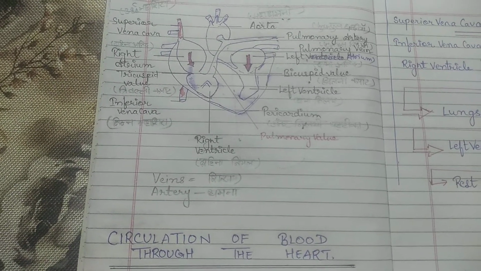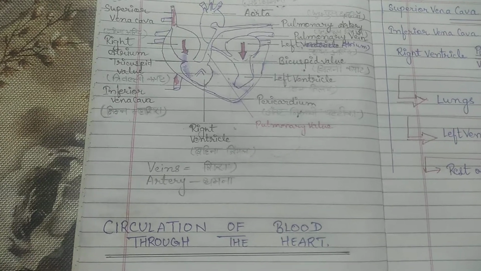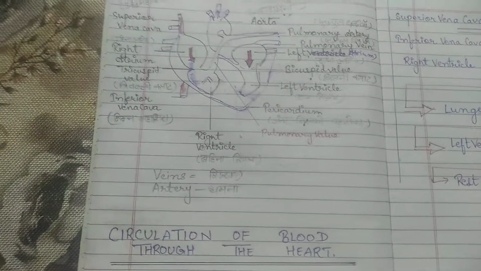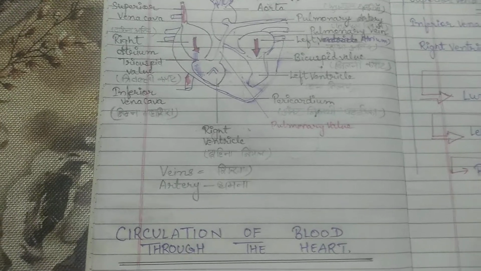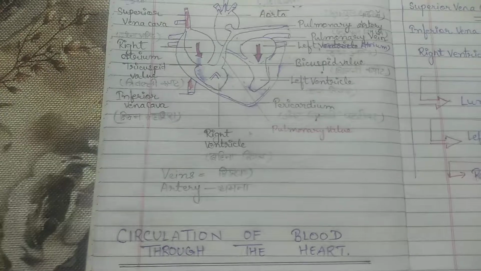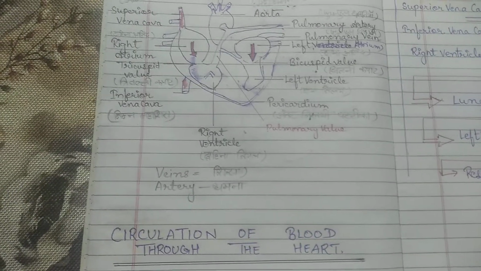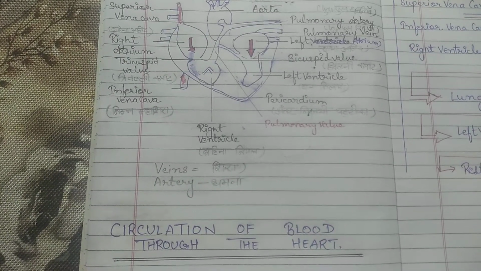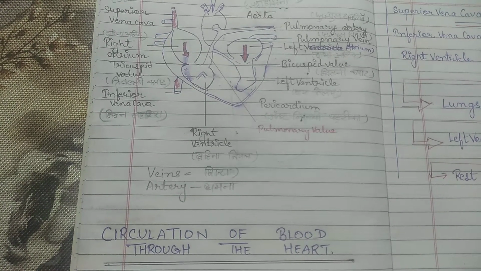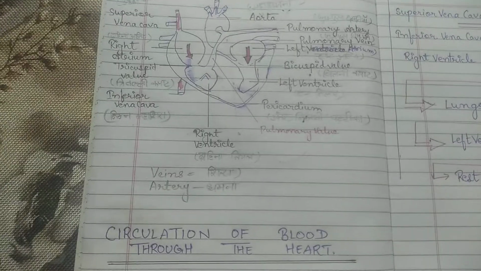From the lungs the blood enters the left atrium. Again, a bicuspid valve is present. As you see, on the right side tricuspid valves are present, and here the bicuspid valve is present, which acts like a bag. When the blood fills it, it automatically flows to the left ventricle.